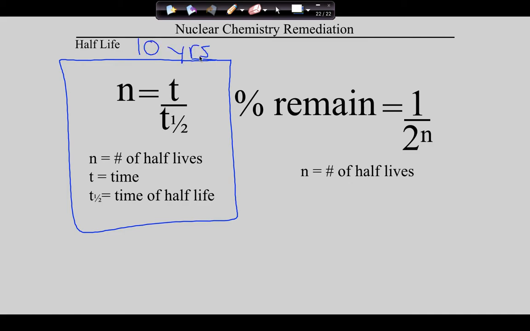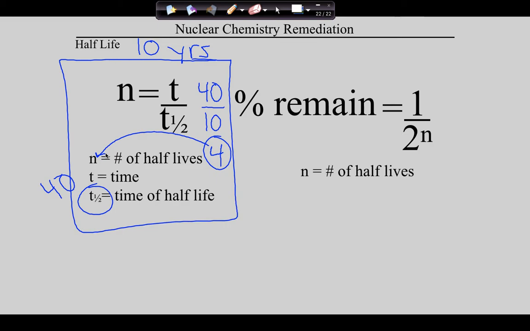And say, for example, that this substance sits around for 40 years. So the 40 would be the number of years that this sits around, and then time 1/2, which is the time of a half-life, would be 10 years, and 40 divided by 10 is 4. So the number of half-lives would be 4.